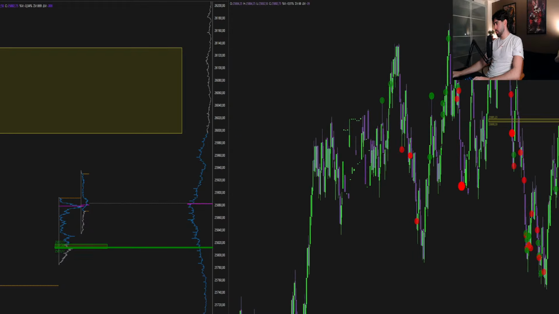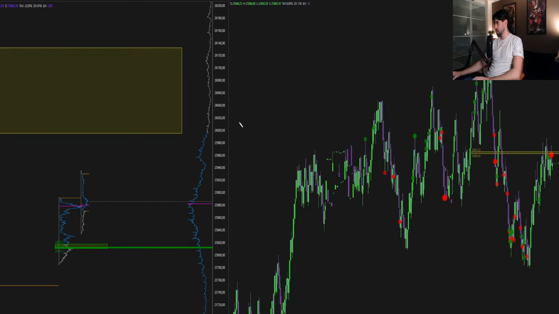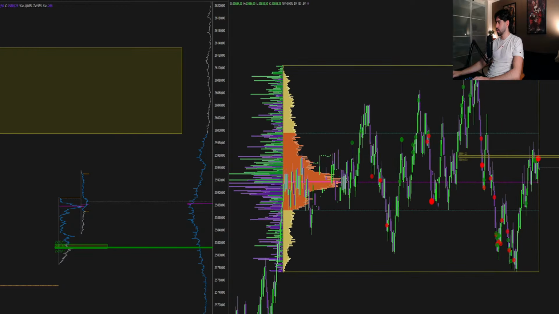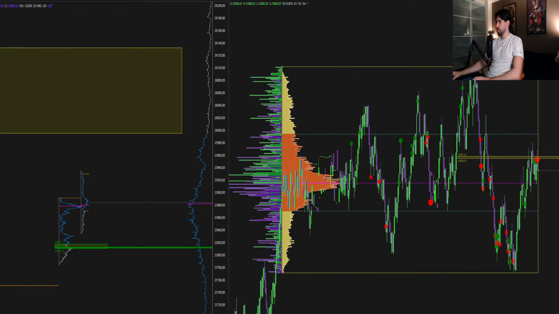If you're wondering why we're not taking any trades, we are in the middle. Don't take trades here. Price will just chop around and do its thing. Take trades here as well as here.